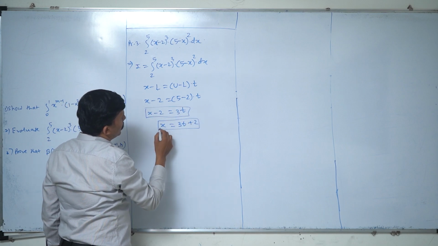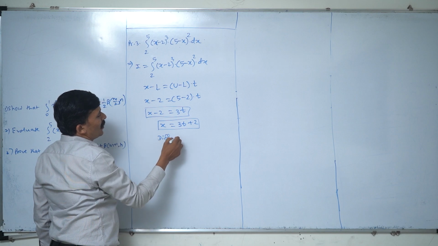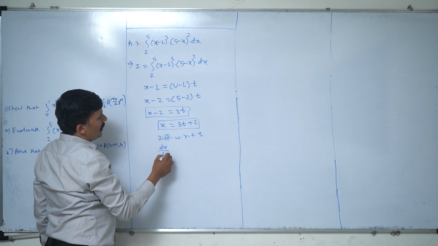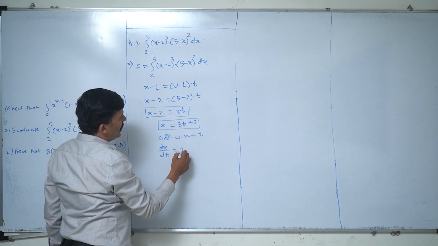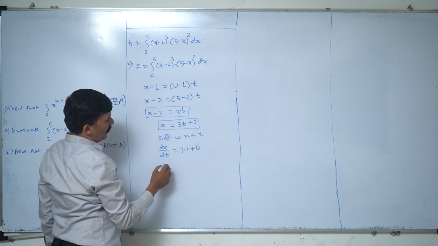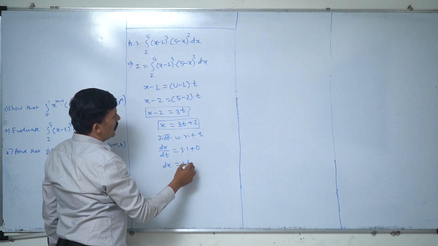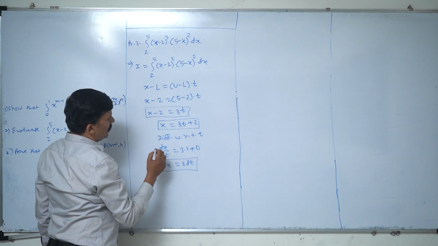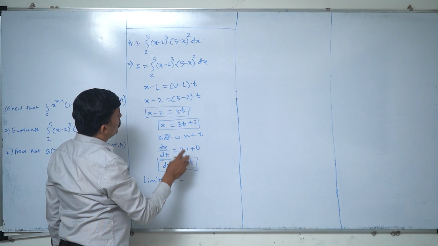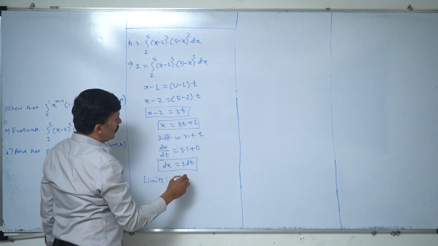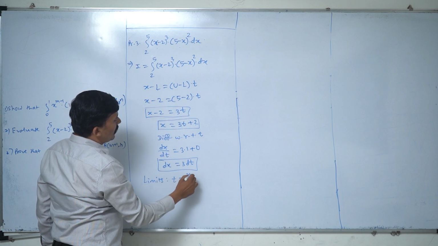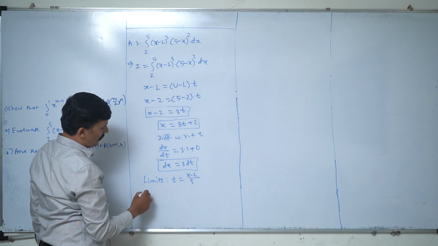After getting x, you have to differentiate with respect to t. So dx by dt equals derivative of 3t is 3 into 1, derivative of 2 is 0. So dx equals 3 dt. Then limits: what is the relation between x and t? 3t equals x minus 2, so shift this 3 to this side, t equals x minus 2 upon 3.